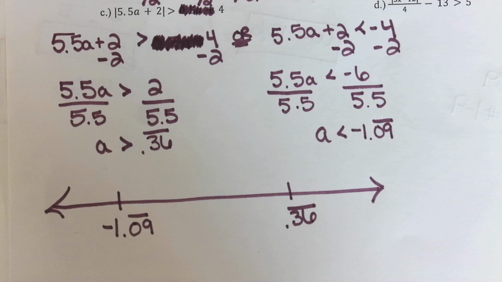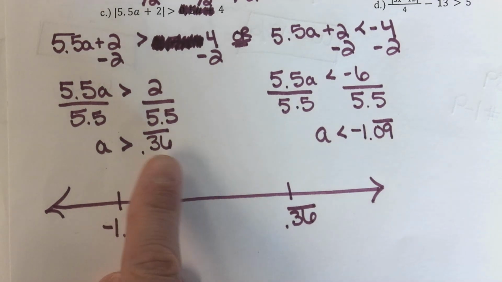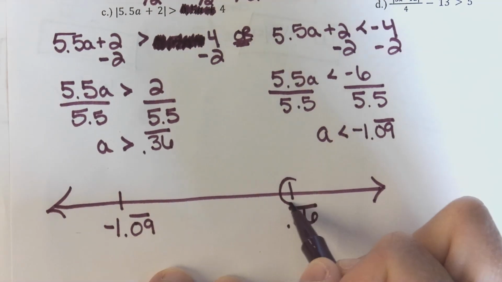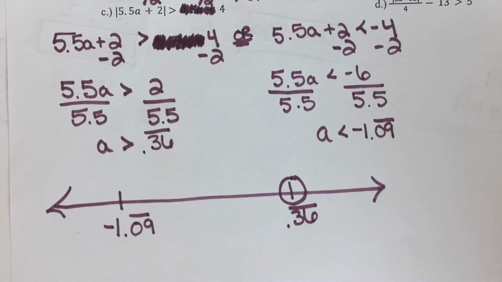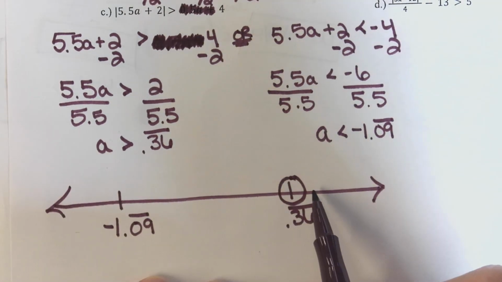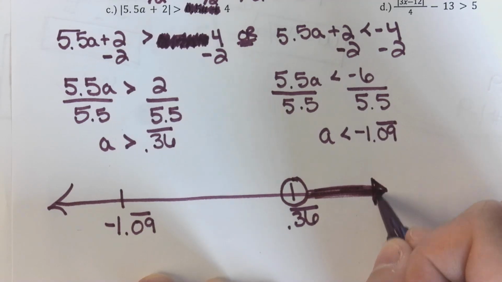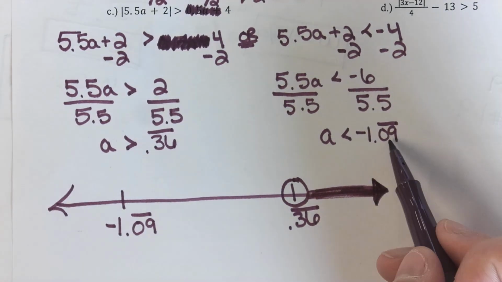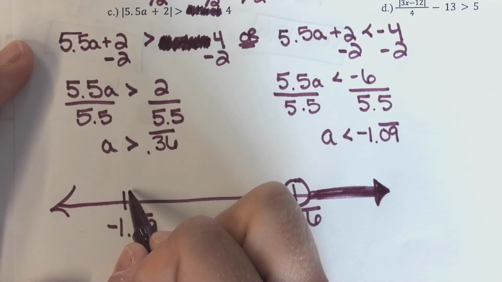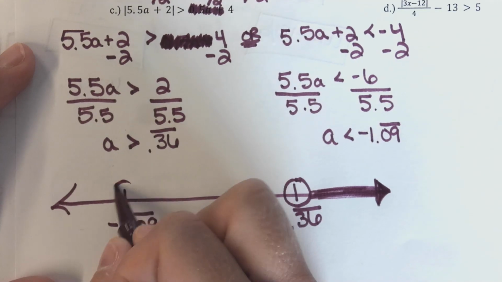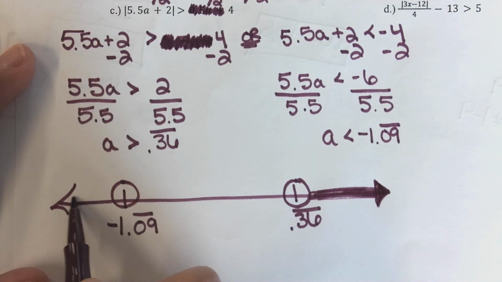Alright, so it says that it's bigger than 0.36. So open circle, and which way should I shade? To the right. This one says smaller. What kind of circle? It's open as well and shade to the left.